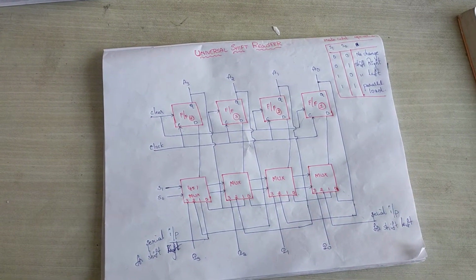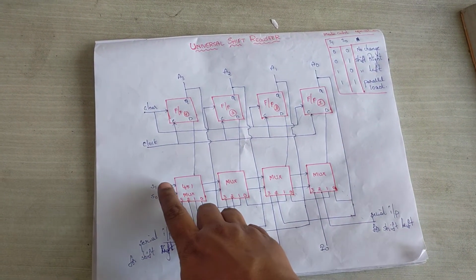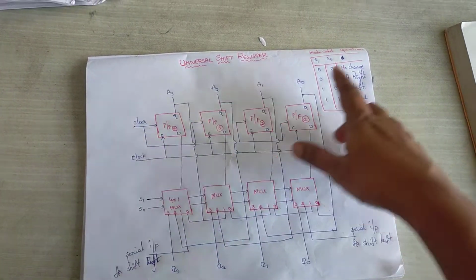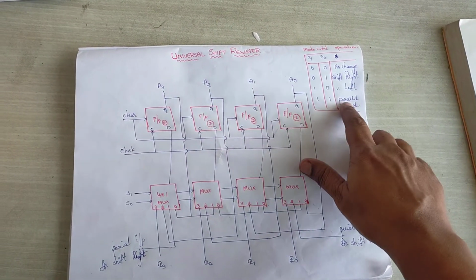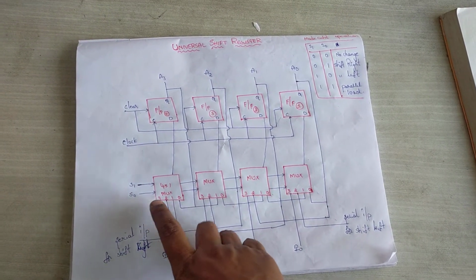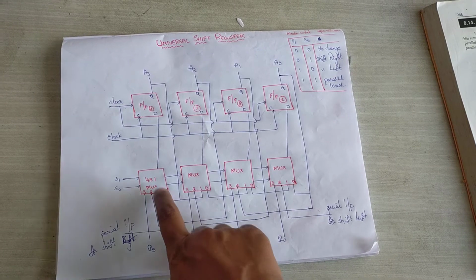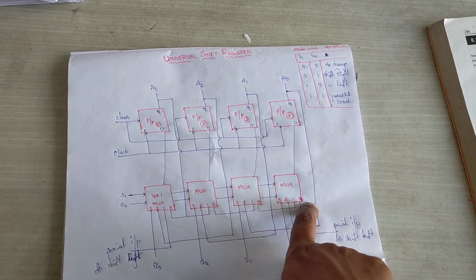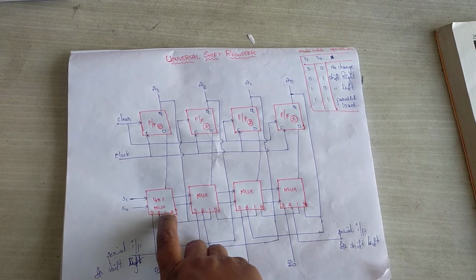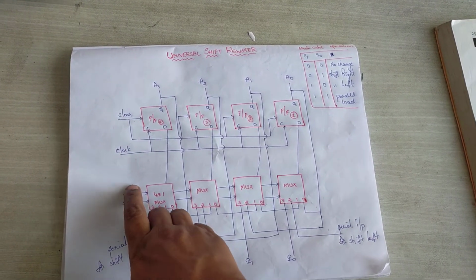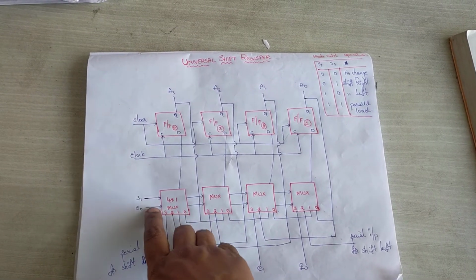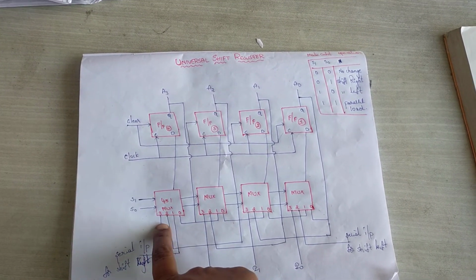If you observe the functionalities of this shift register: when the input is 0, 0, input 0 is selected in all the muxes. When input is 0, 1, then 1 is selected. If input is 1, 0, then it selects 2. If input is 1, 1, then it selects 3.